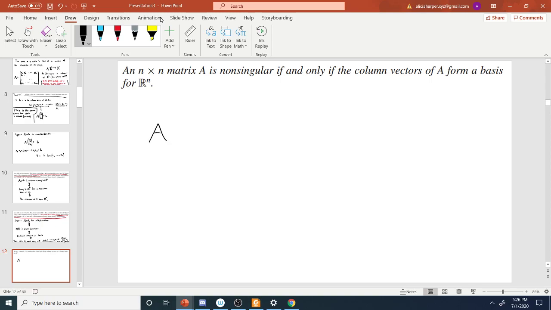We may write A as a square matrix with entries C11, C12, C21, and so on, up to C1n, Cn1, and Cnn.